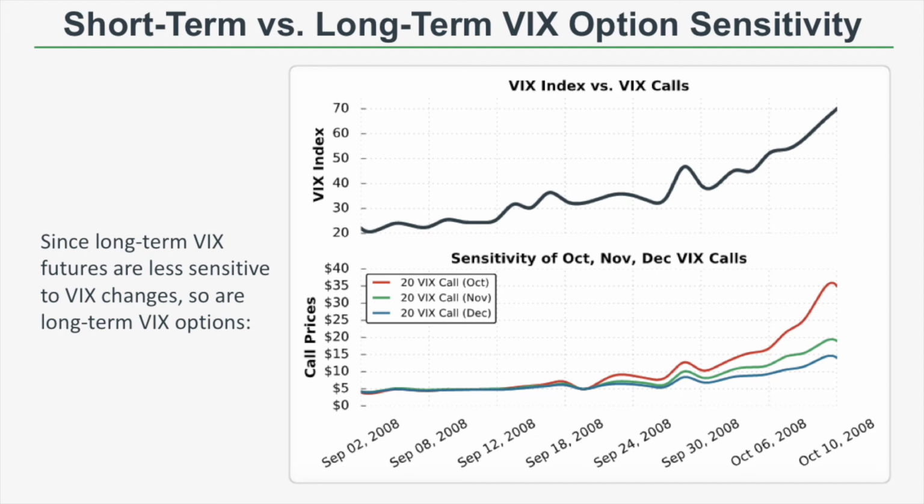Someone who bought that December call option for $5 was not nearly as profitable as someone who bought the October 20 VIX call option. So just keep in mind that when you're trading VIX options, if you have a long-term assumption about changes in volatility, the changes in your position's value are going to be muted compared to the changes in more short-term positions using the same exact options.